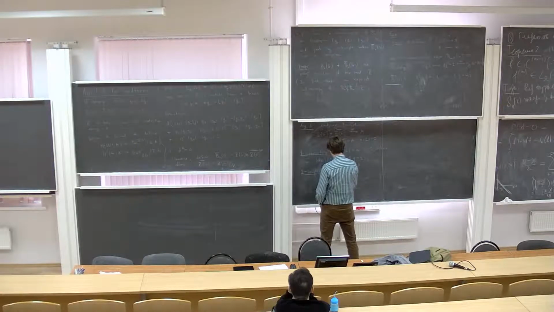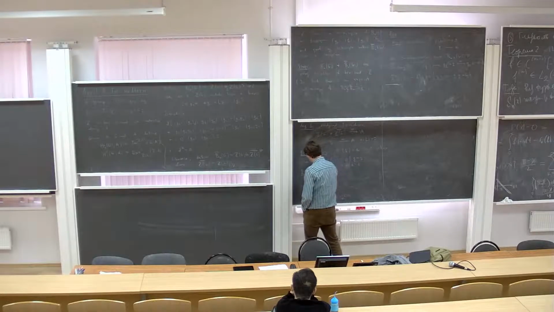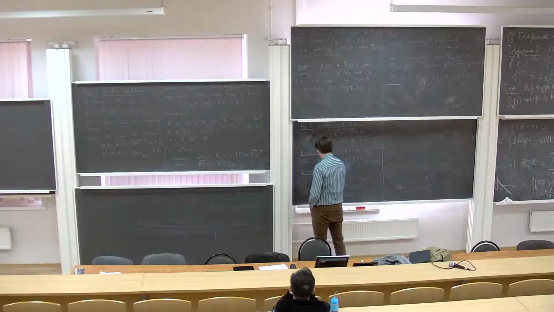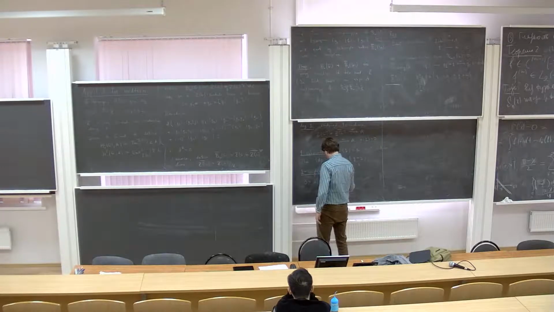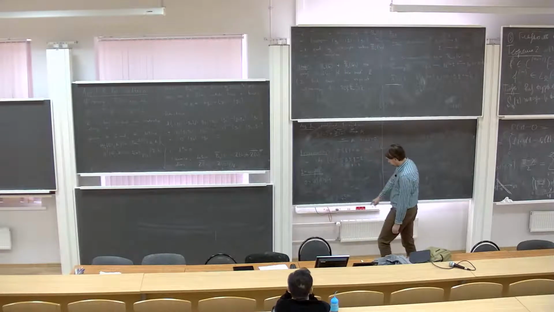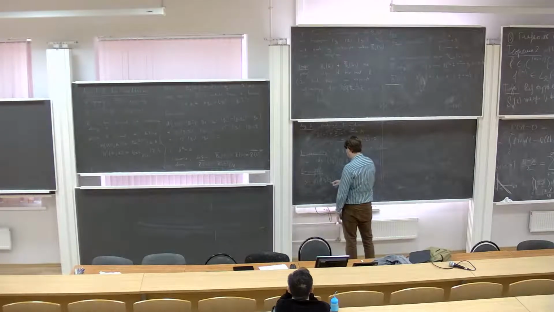So what is the differential of something of degree 2? I want alpha of D of G1 bar G2 to be 0.